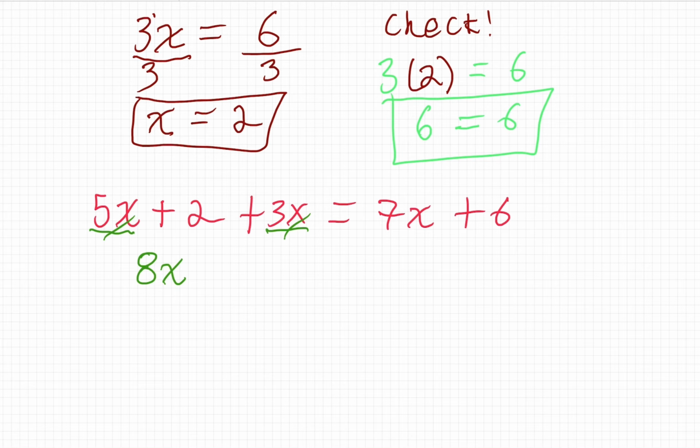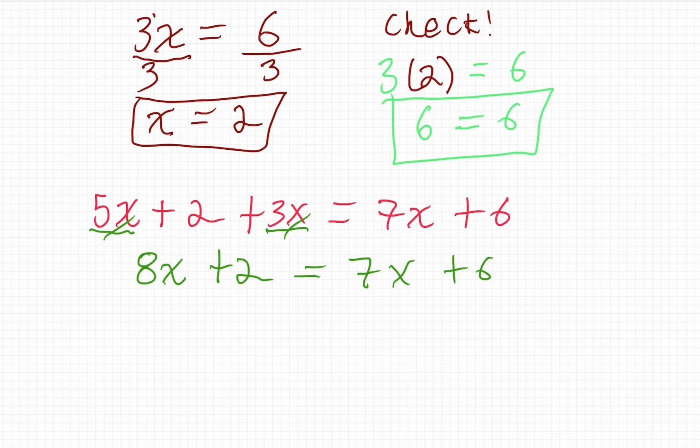Now we can bring down the plus 2. Since that one doesn't have an x, we cannot combine it with the 8x. On the other side, we still have the 7x plus 6, and as you see, that one doesn't have an x, so you cannot combine it with the 7x.